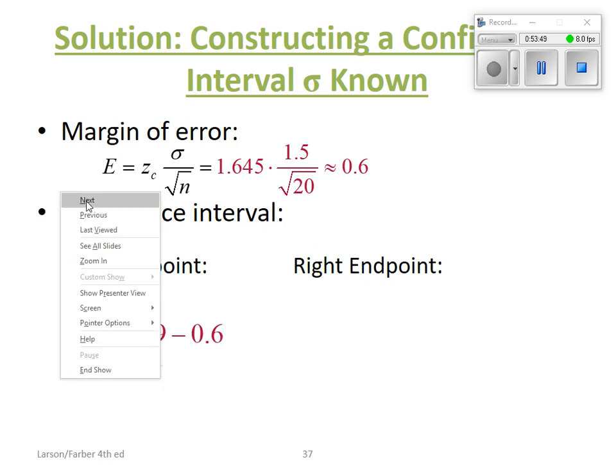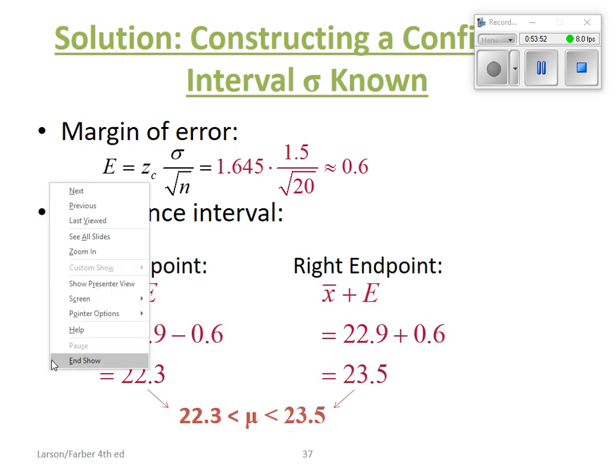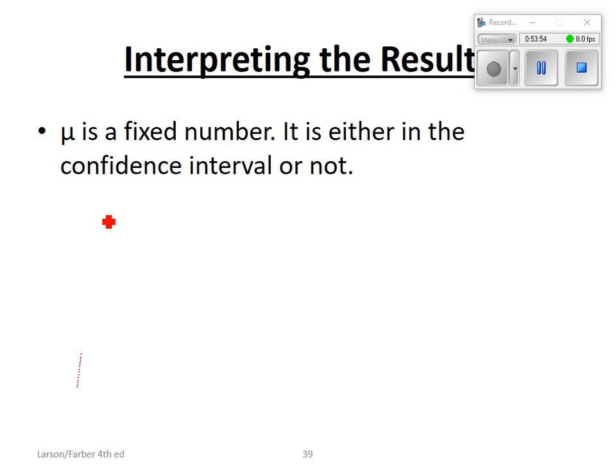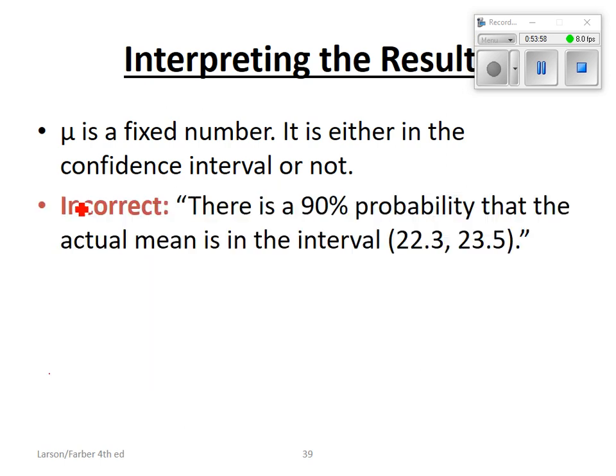I'm going to skip through some of this. That's what your assignment is going to be covering, being able to interpret the results. Something I do need to say: when you're interpreting the results, it's incorrect to say there is a 90% probability that the actual mean is in the interval.